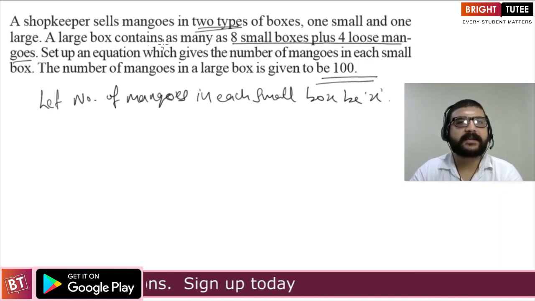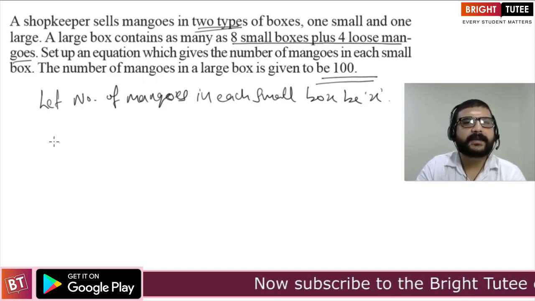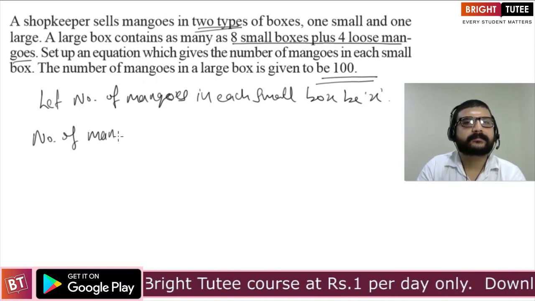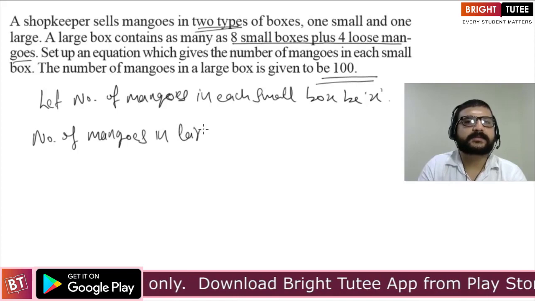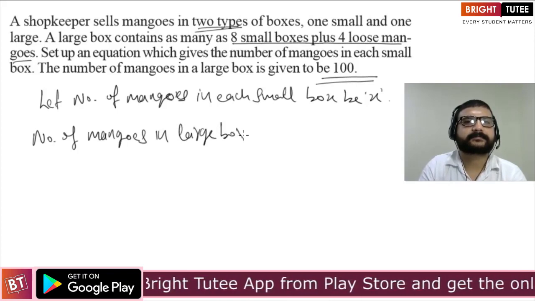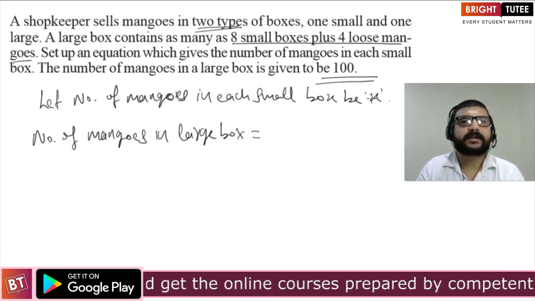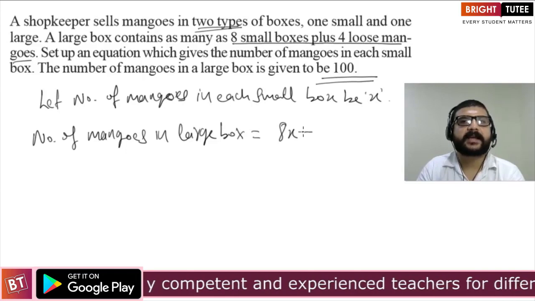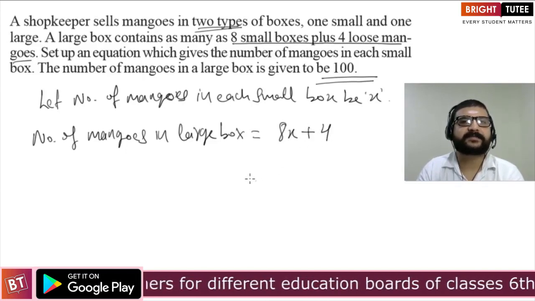It is given that it contains as many as 8 small boxes plus 4 loose mangoes. So the number of mangoes in the large box will be equal to 8 times the number of mangoes in a small box, so 8x plus 4 loose mangoes. So it will be 8x plus 4.